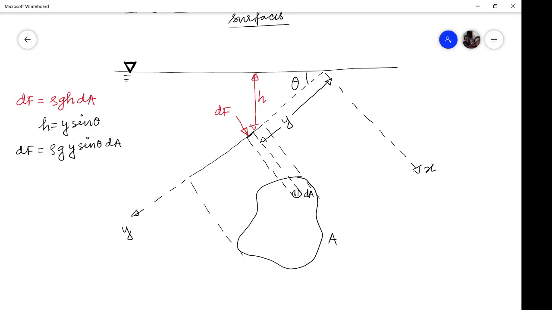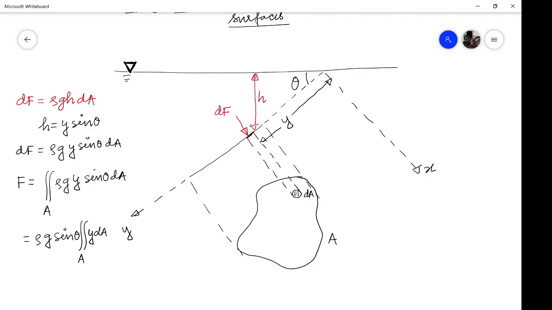So the total force acting on the surface due to the fluid above it will be the area integral of this dF, which is rho g y sine theta dA. Now as the fluid is incompressible, g is a constant and theta is also a constant, so they will come outside, and in the integral, y dA will be left.